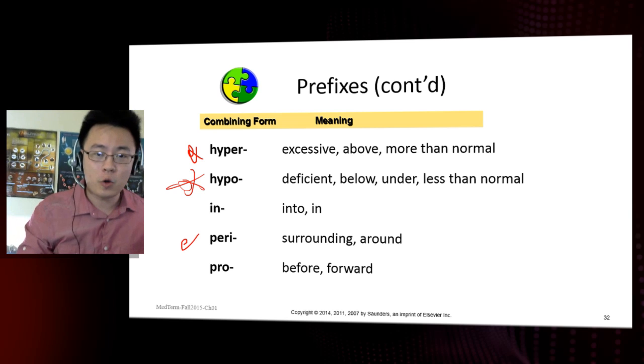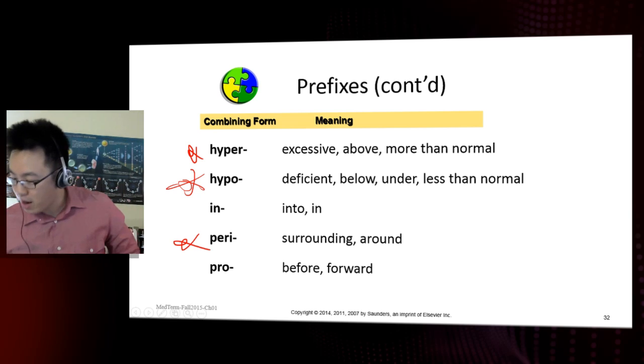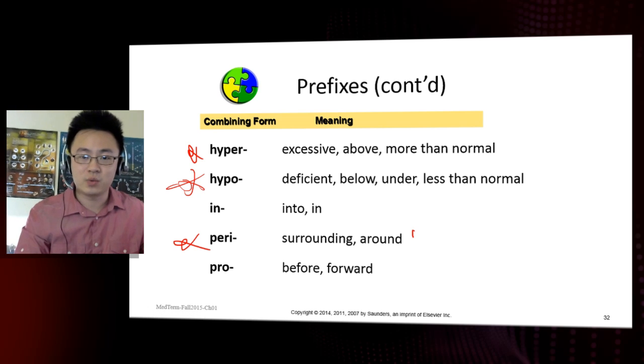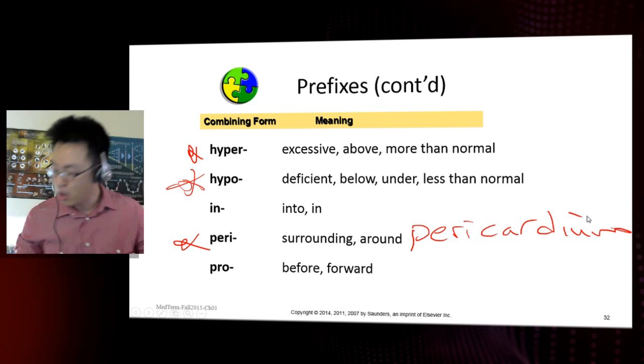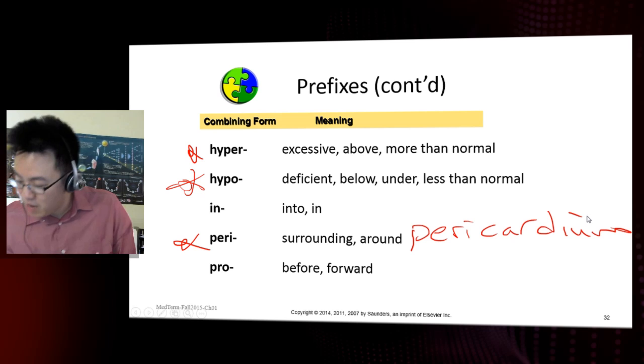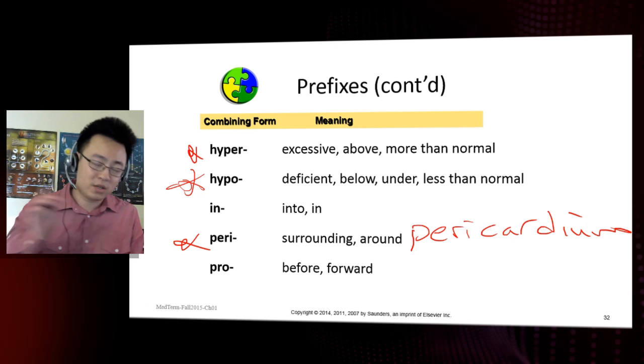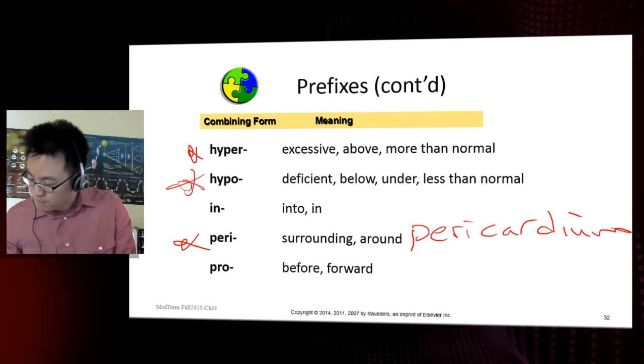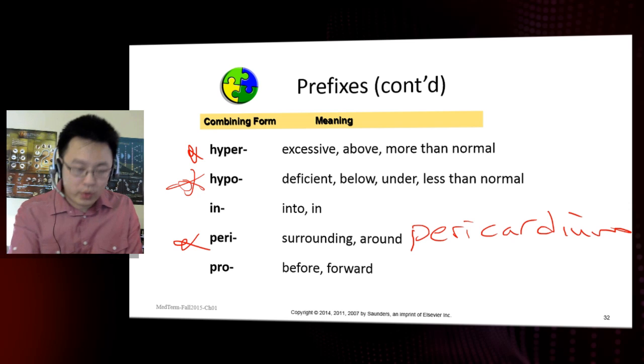Peri, which you already know, means surrounding or around. For example, pericardium, we've already defined this one. Pericardium here means a membrane surrounding the heart. So make sure that you know it's a membrane, not a structure. We also have here re.